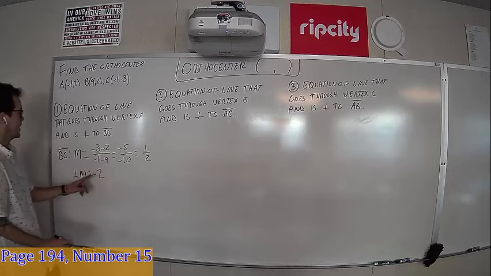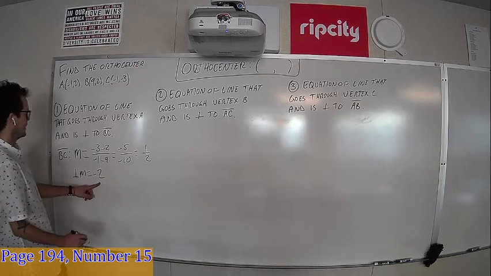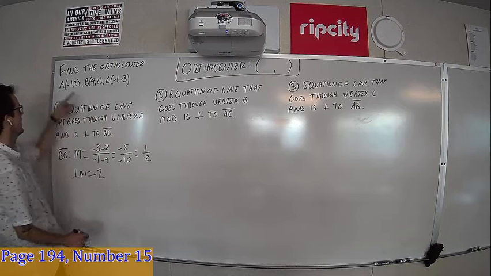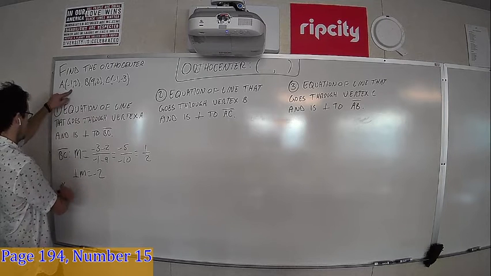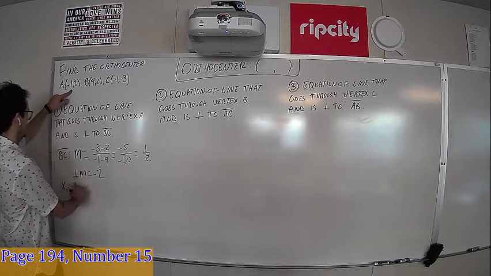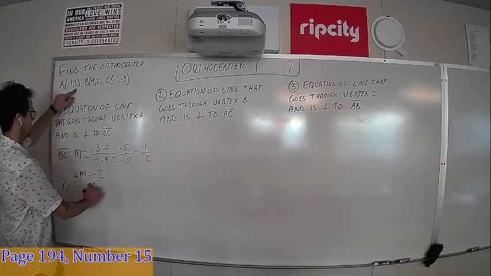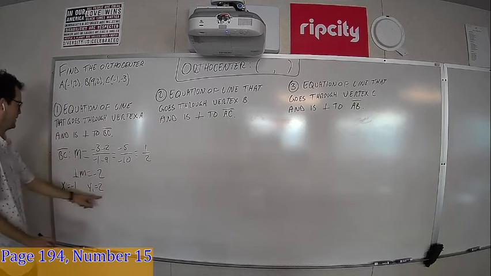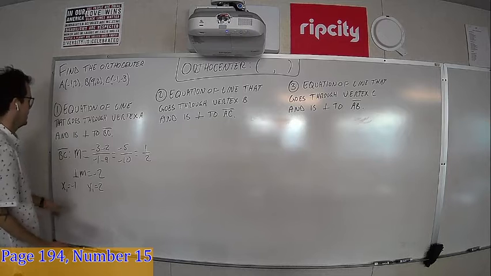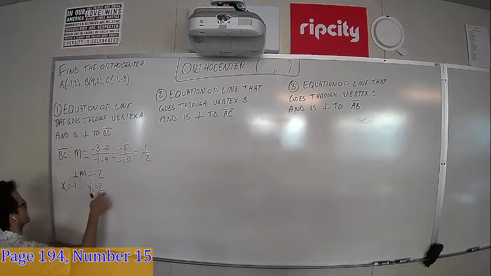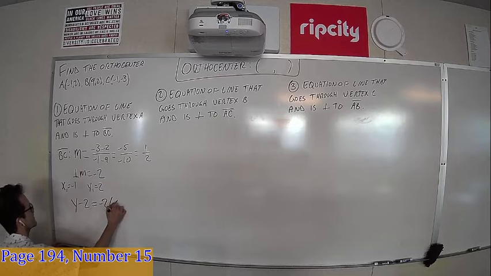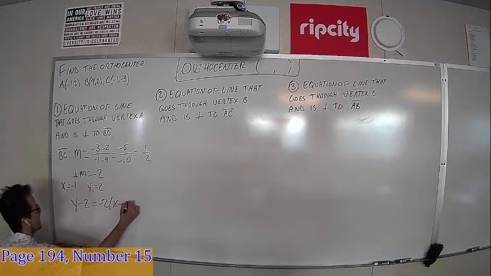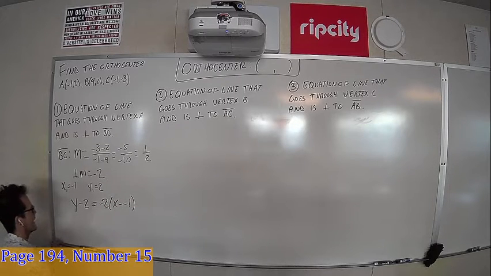Now, that's the slope of this line, and this line has to go through vertex A. Vertex A is at x sub 1 is -1, y sub 1 is 2. Remember, no math to find these, I just copied them down. Now, I'm going to plug these three pieces of information into point slope form. Y minus y1, which is 2, equals our slope times x minus x1. In this case, we are adding.